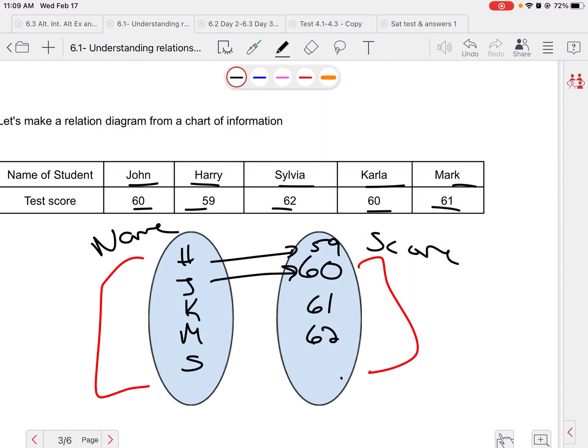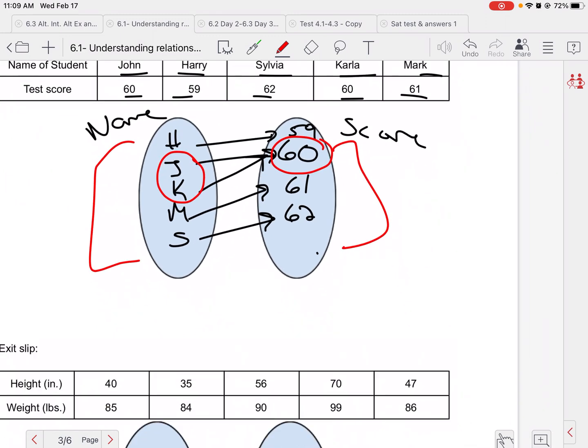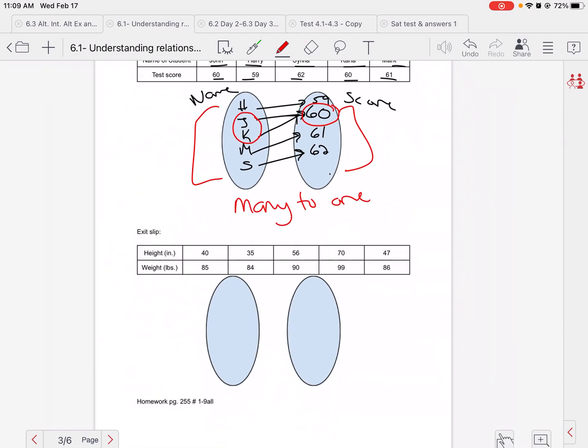John got a 60. Carla got a 60. Mark got a 61, and Sylvia got a 62. So we have many inputs going to one output. So this would be many to one. Okay? Go ahead and try this one and tell me what type of relation it is.